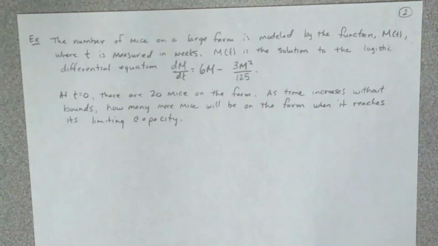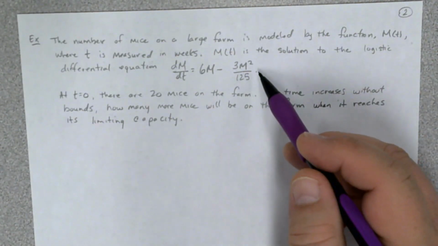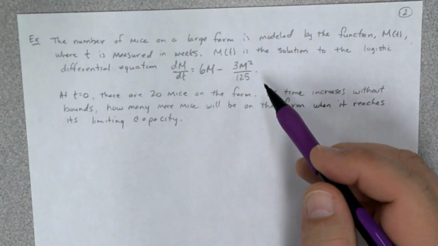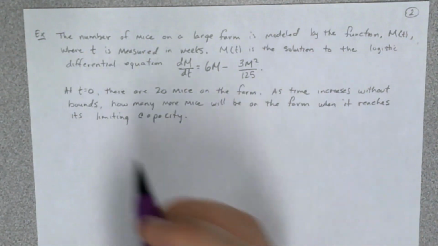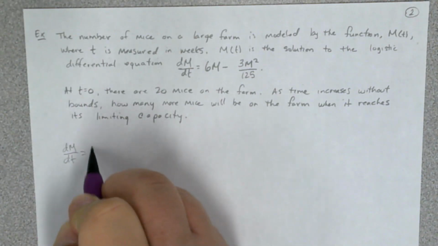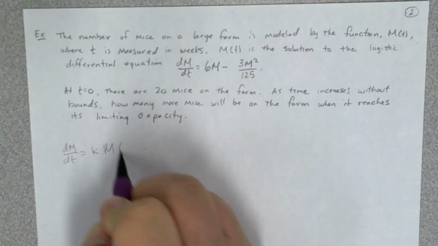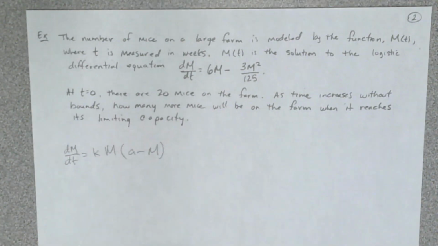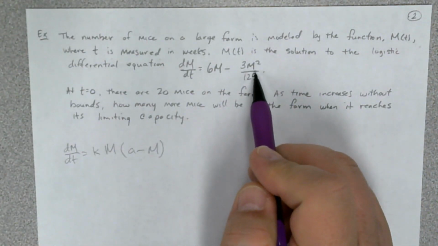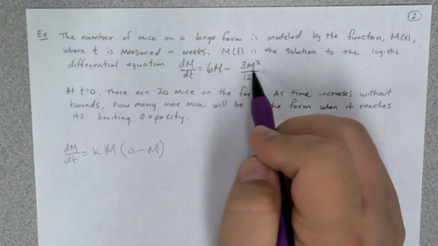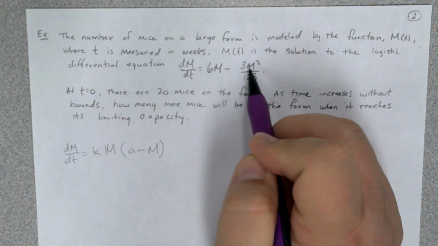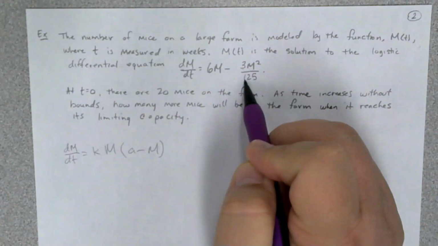And first thing is we want to put this into a format that we are familiar with. However you want to look at that, I recommend that you get it into the format of dM/dt is some k times M times A minus M. I would try and get it into that format right there, which means I'm going to have to divide by stuff. So I'm going to divide by 3M over 125.